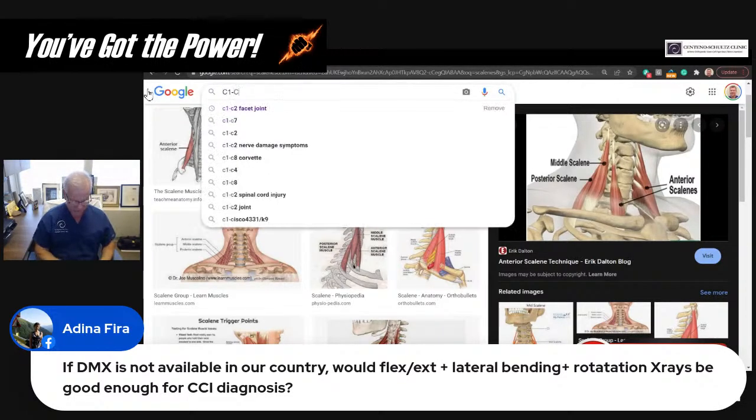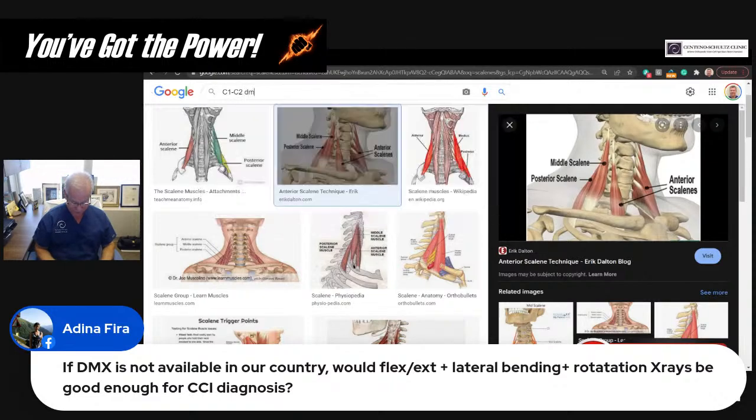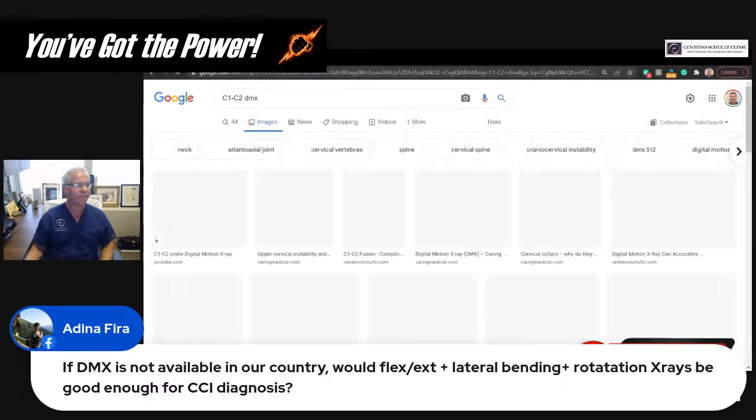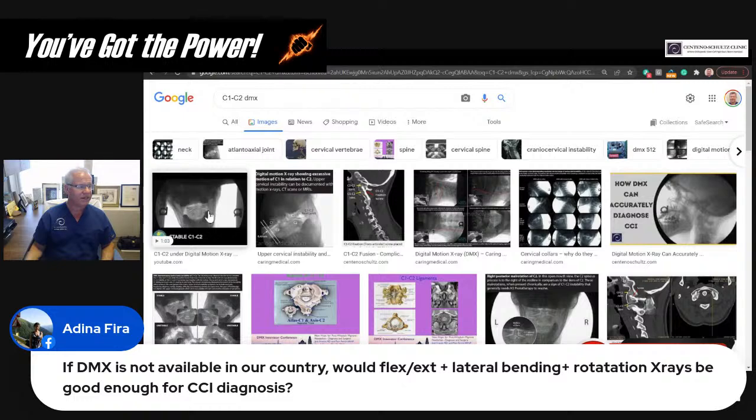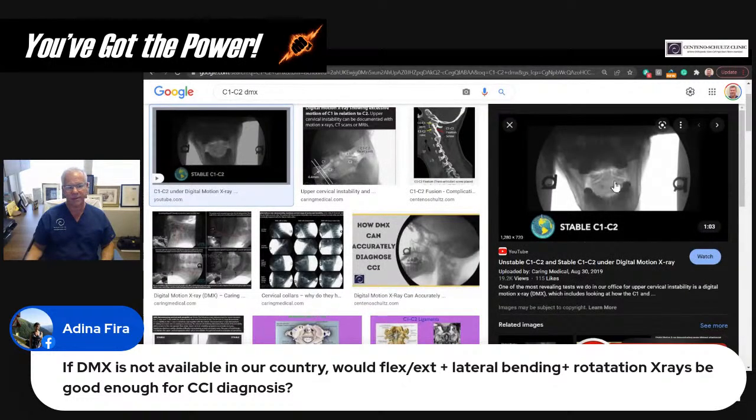So let me see if I can find that for you here. This is the kind of open mouth view that I'm talking about. So you can see that this guy's got his mouth open, and they're imaging through the open mouth, front to back or back to front, what we call anterior posterior or AP.